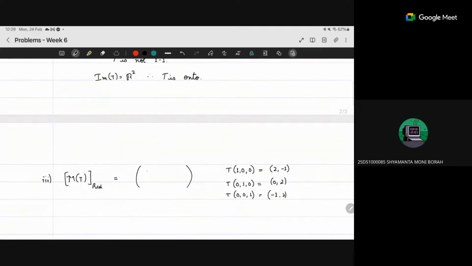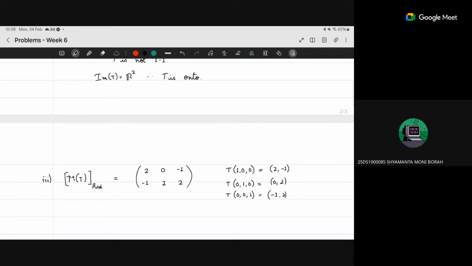Sir, sorry to interrupt. Just wanted to ask you a silly question. Since we got this transformation T of 1, 0, 0 equal to 2, minus 1 from the transformation which we found out right before, it will be the same for any independent vectors, right? Basically, any basis.